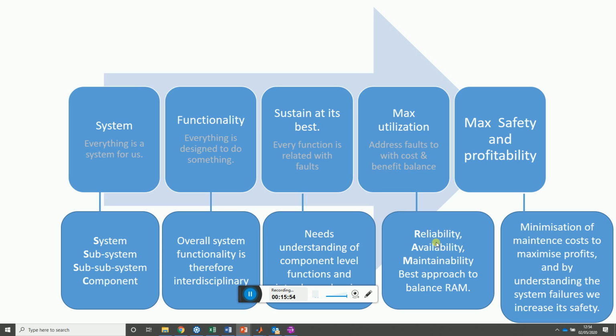So in essence, the overall hierarchy of the system, the overall functionality, and how it's supported by subsystem level functionality.